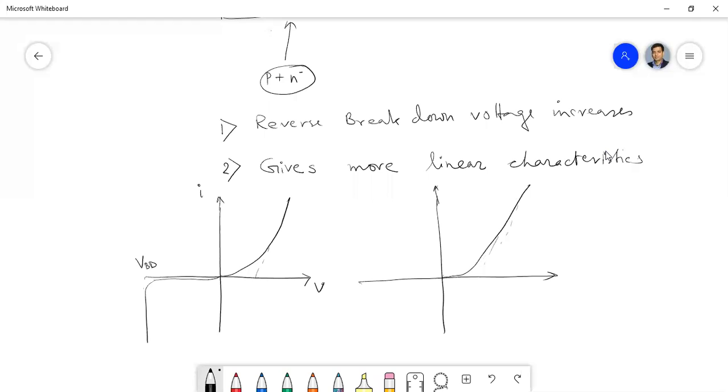It is very difficult to draw this type on the board. So that is the advantage of the power diode. That means two advantages we are getting by having this N minus layer. First, the reverse breakdown voltage increases, and the second is it gives more linear characteristics.